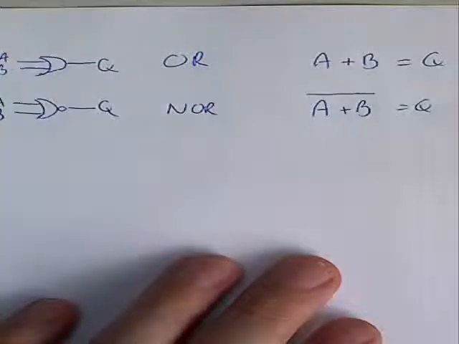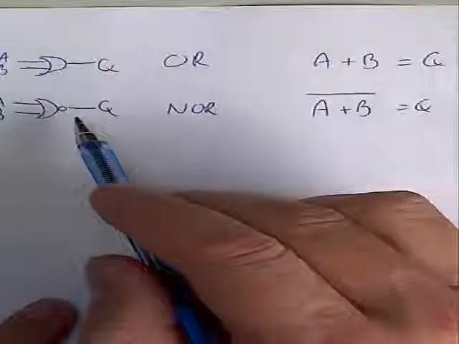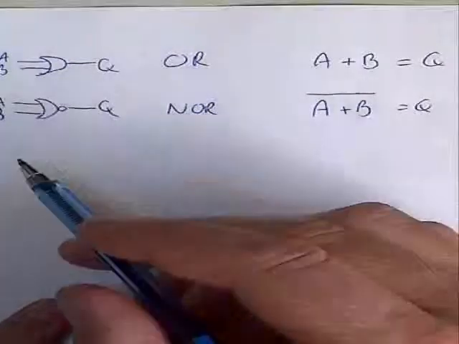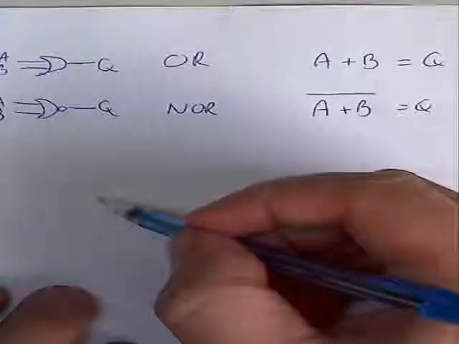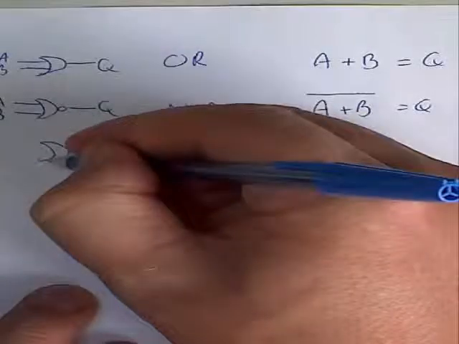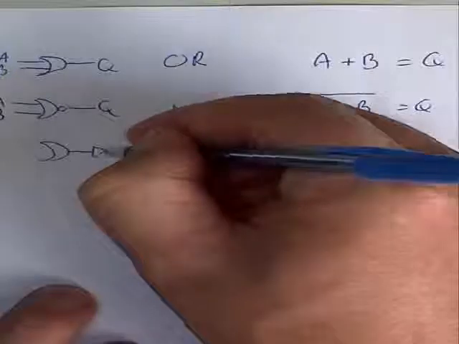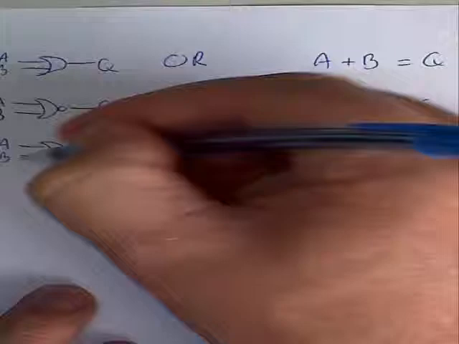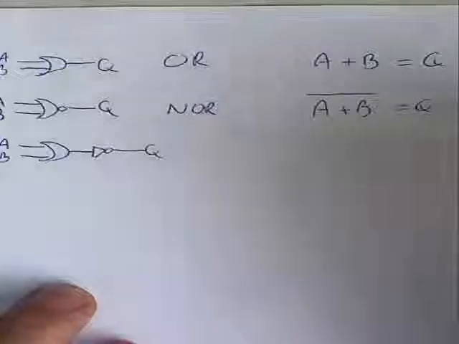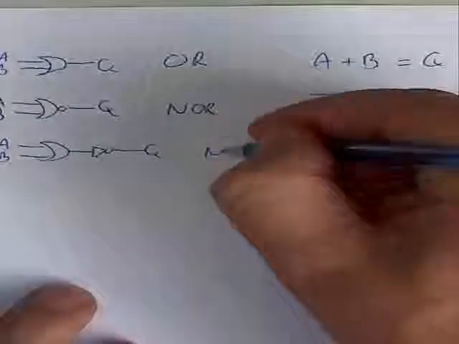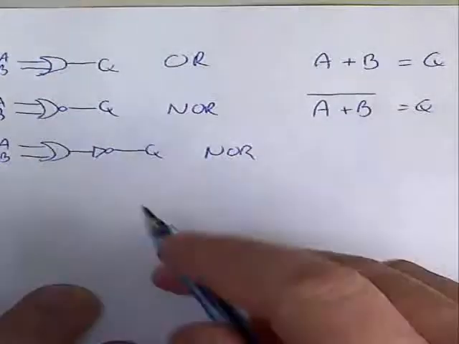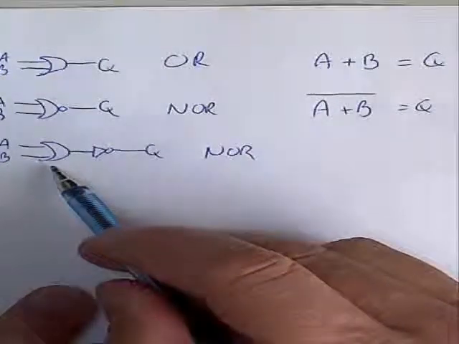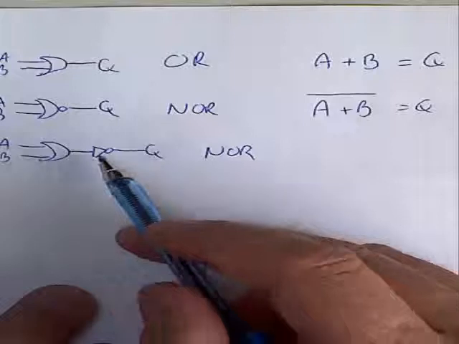It's very similar in idea to the AND compared to the NAND, and the construction of a NOR gate from an OR gate and a NOT gate is the same. So I could make a NOR gate using an OR gate and a NOT gate.